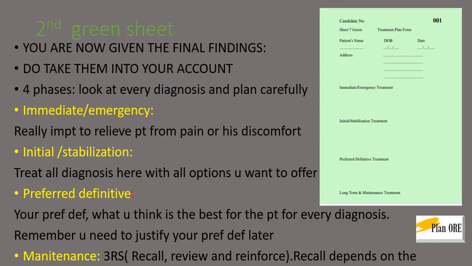After you finish the first green sheet, you have a second green sheet. Now as I told you, the nurse gives you some more findings and these are your final findings. So you need to take them into account when you are writing the treatment plan.